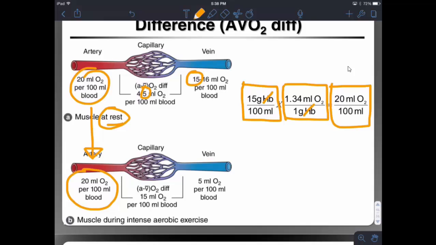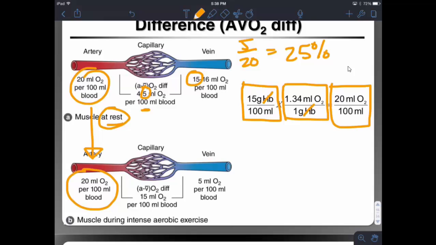And so what that's telling us is that the cells are taking up 5 mL out of 20. Okay? And 5 out of 20 is about 25%. So at rest, your body is taking up about 25% of the oxygen.